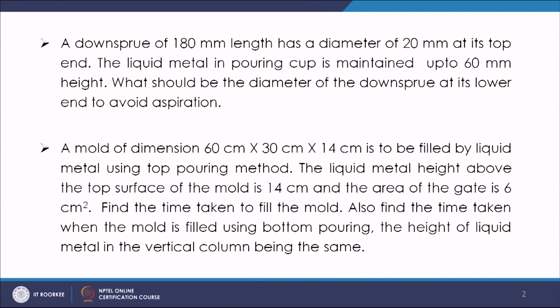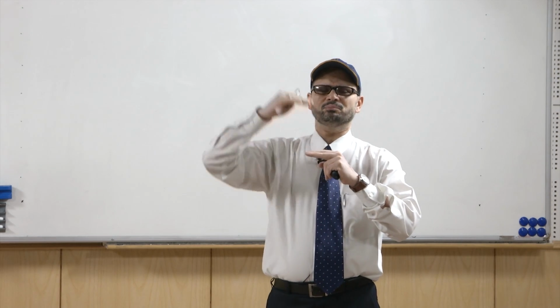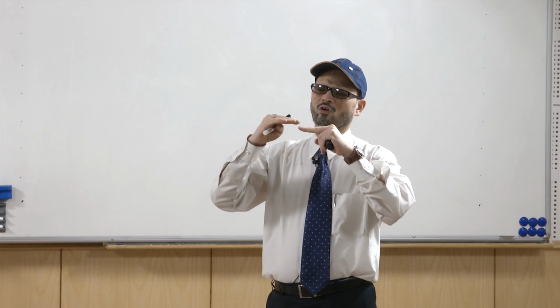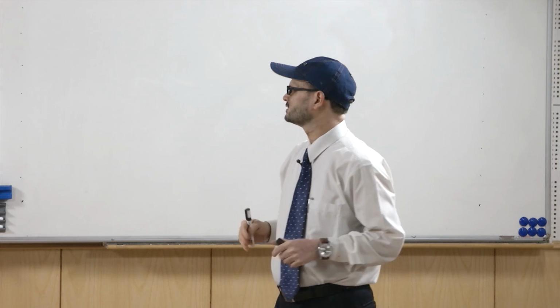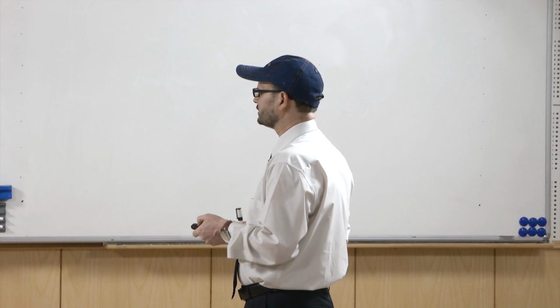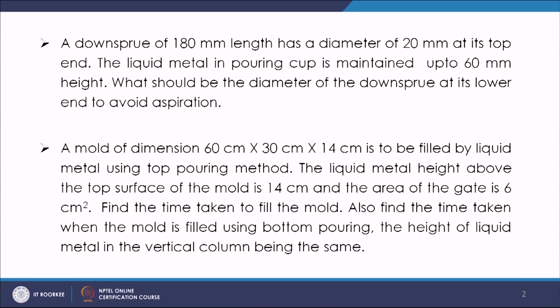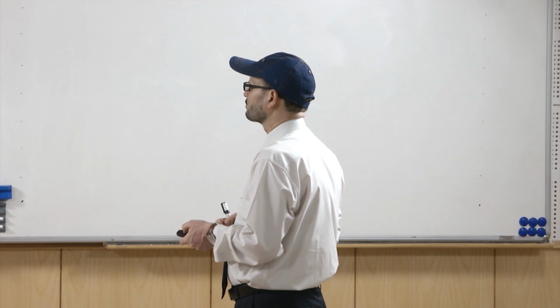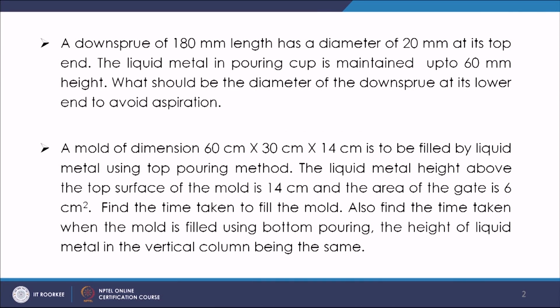Since we are doing top pouring, the height of the metal head over the top surface is 14 centimeter, and the area of the gate is 6 centimeter square. This is the cross sectional area at the point where the metal enters the casting cavity. Find the time taken to fill the mold.